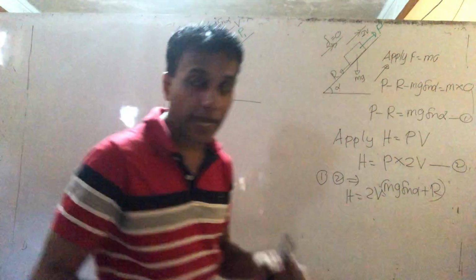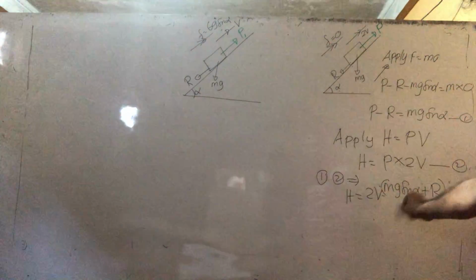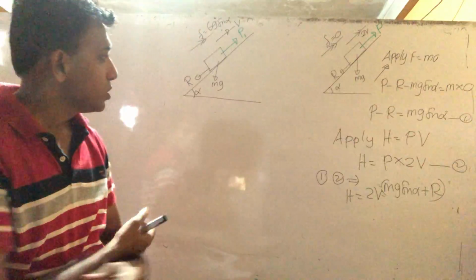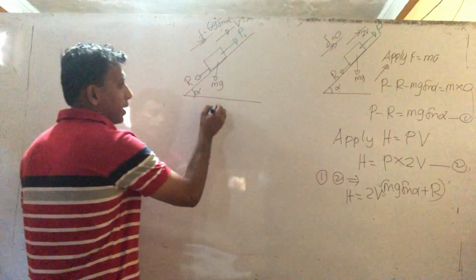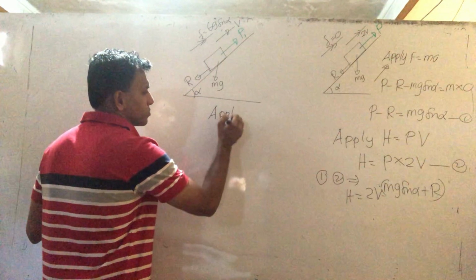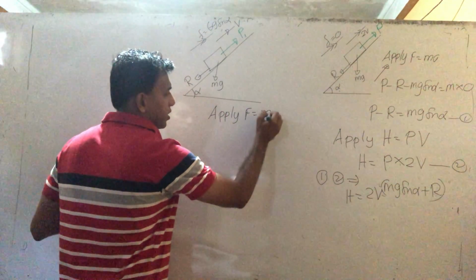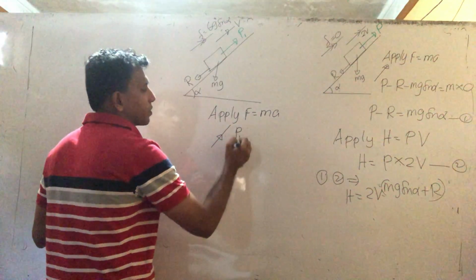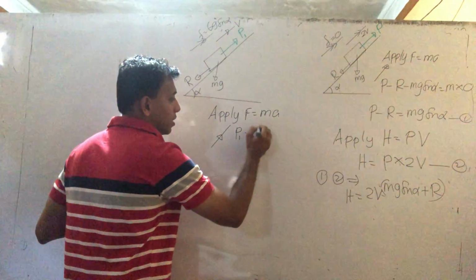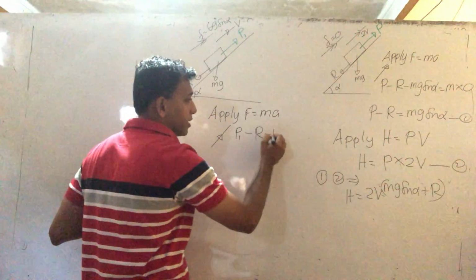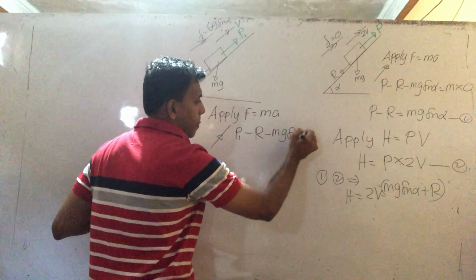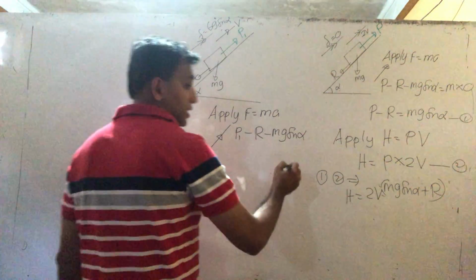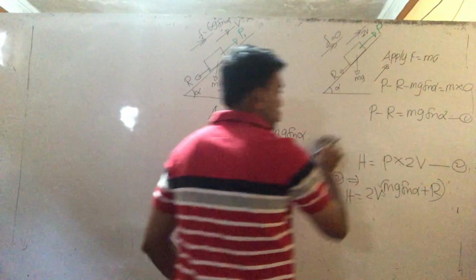Again apply the same idea. I want to find P1 and a relation in terms of H and V. First apply F equals ma upwards: P1 minus R minus mg sin alpha, the resultant force upwards, equals mass times acceleration.